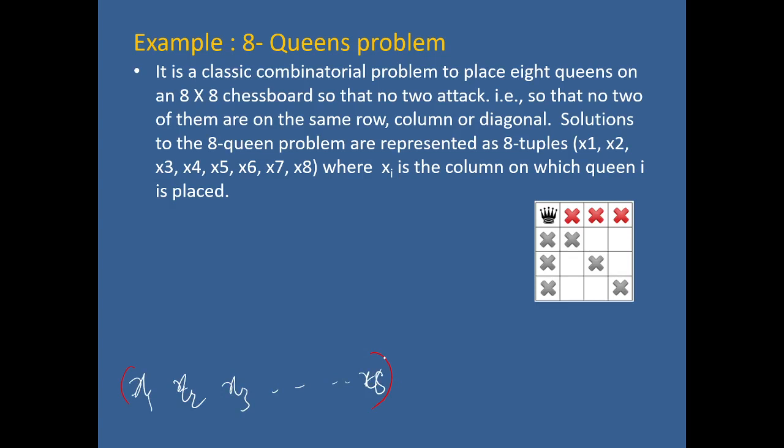Here, while constructing the answer, we'll assume that every queen is placed in one row. So the first queen is placed in row 1, column X1. Second queen is placed in row 2, column X2. Row 3, column X3. Row 8, column X8, in that way.